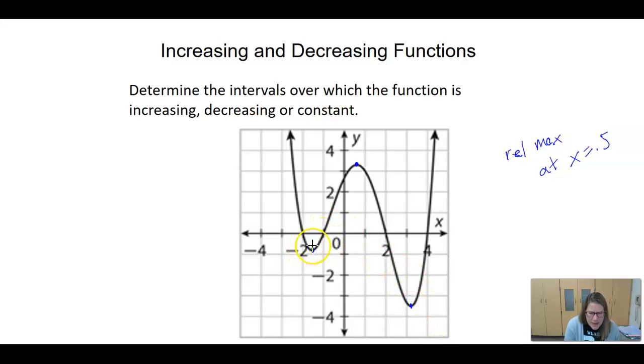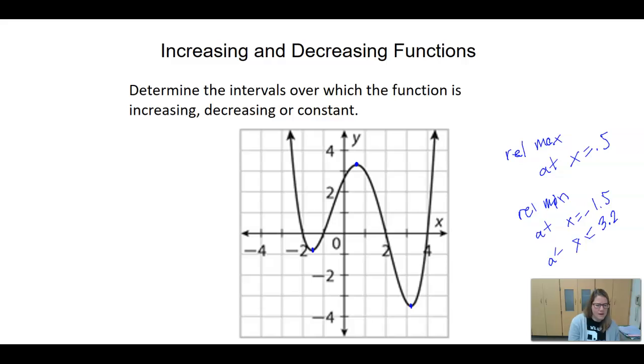One of them is at -1.5. Relative min at x equals -1.5, and then also one at x equals 3.2 maybe.